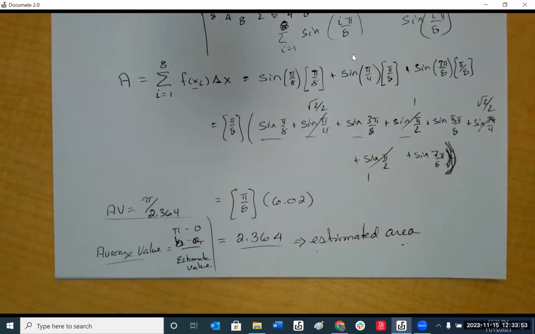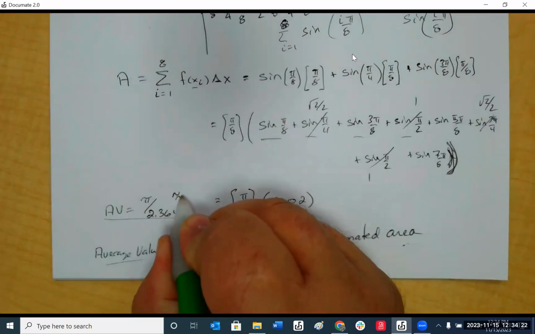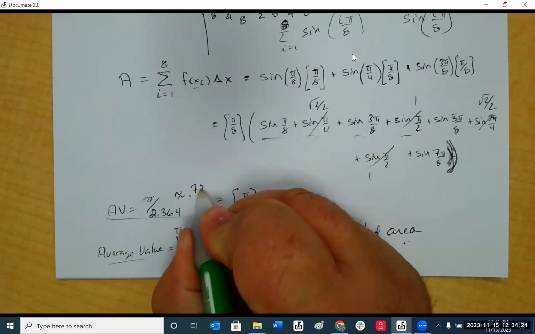That'll give you the average value, which is approximately 0.753.